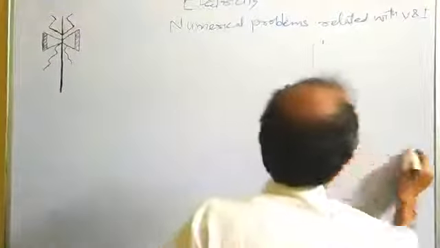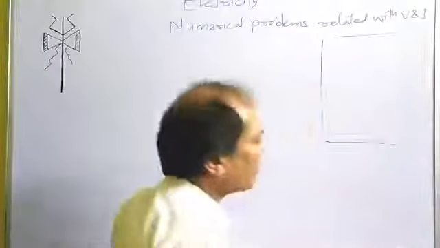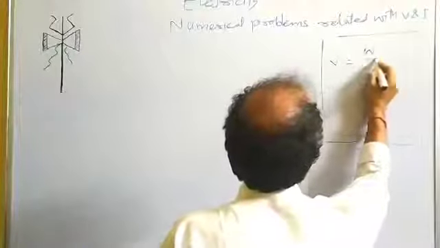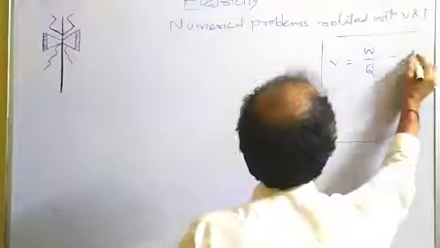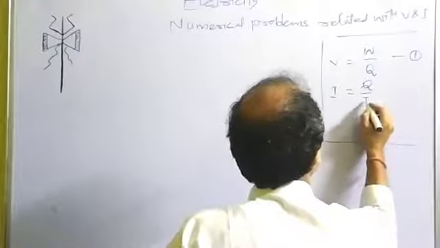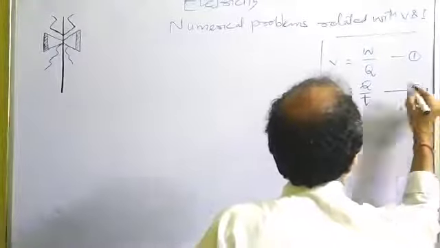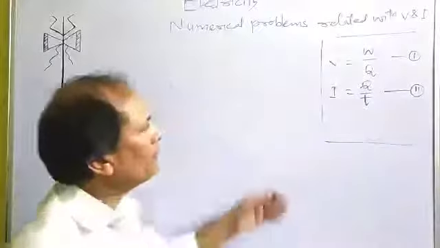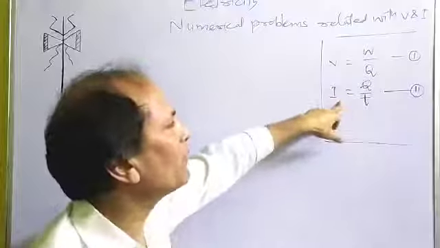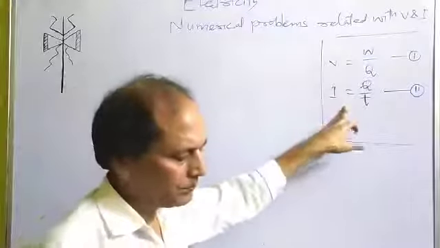For this we will apply two formulas. First, V equals W by Q, the first formula, and I equals Q by T, the second formula. The first formula is for calculation of potential difference and the second formula is for the calculation of current.